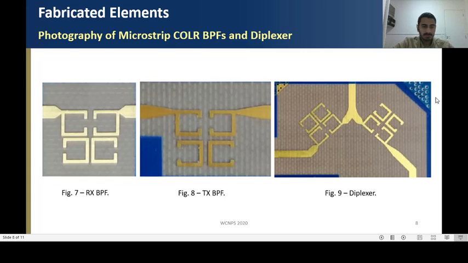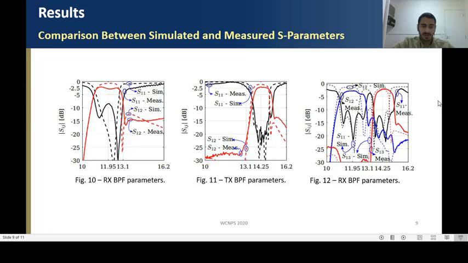In Figures 10, 11, and 12, we can observe a comparison between the simulated and the measured S-parameters of the filters. In solid lines, we have the measurements, and in the dashed lines, we have the simulations. We can observe that the results agree with a good level of acceptance, diverging just 1.7 dB in the worst case.